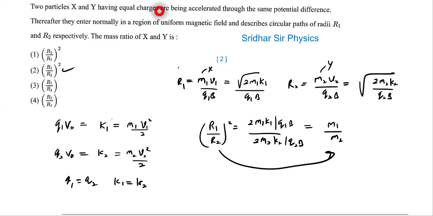This concept is from electrostatics. If a charged particle is accelerated through a potential difference, it will acquire kinetic energy, and because of that kinetic energy it will move in a circular path in a magnetic field.